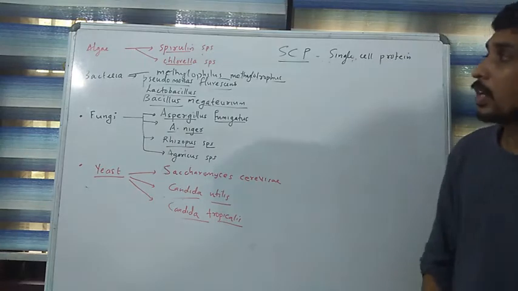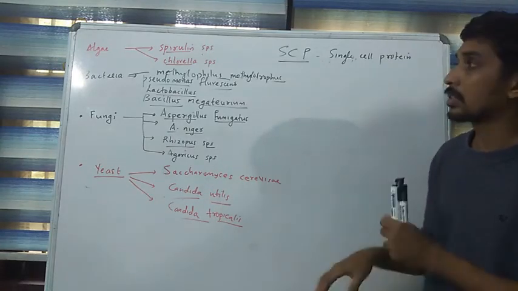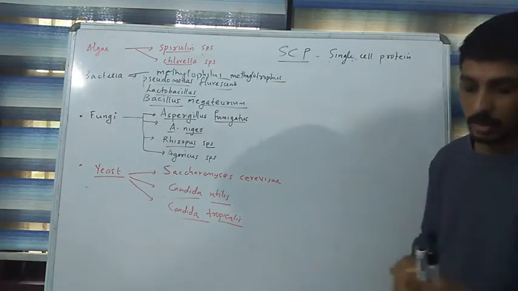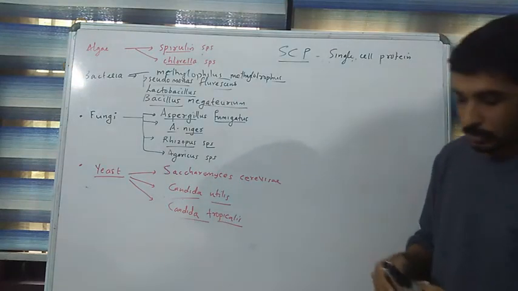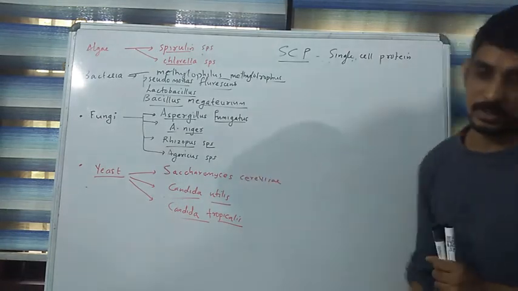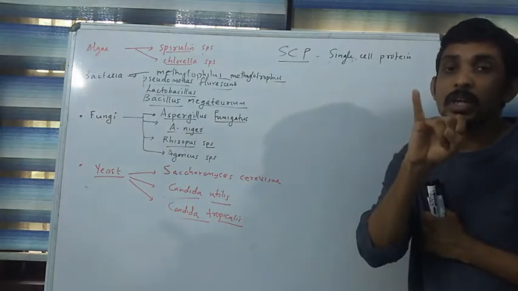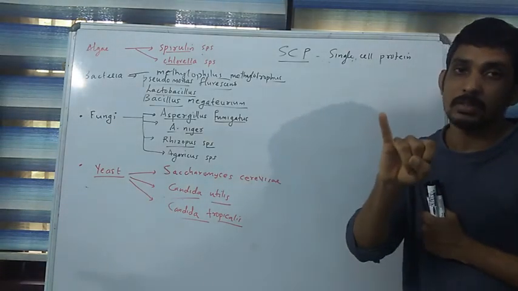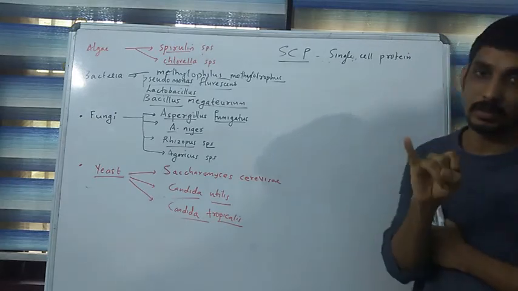And among these, we need to study the detailed cultivation of Spirulina species and Chlorella species. So when we take the case of Spirulina species, we need certain requirements. One is that we need proper space for the cultivation of Spirulina.